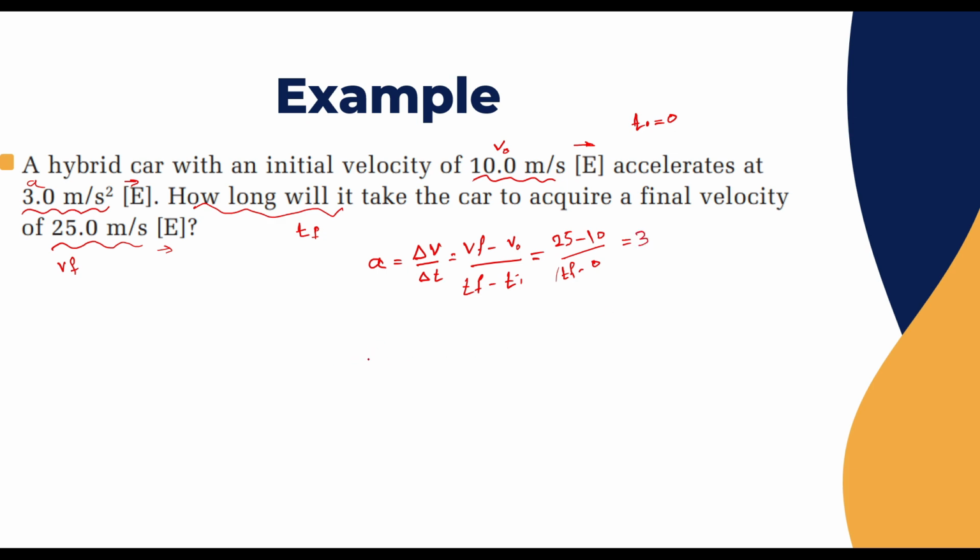So let's prepare things a little better. 3, which is the acceleration, equals 25 minus 10, that's 15, over t final minus 0, which is just t final. So 3 over 1, do cross multiplication. It will give you 3 t final equals 15. Divide both sides by 3. So in this case, t final would be 5 seconds.